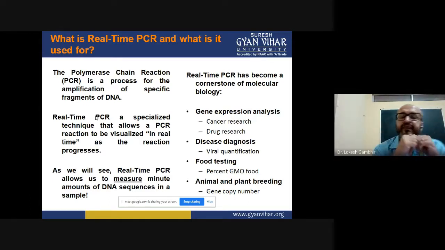We have a specialized thermocycler and we have changed the detection system. We have added the fluorescence part in this component, and that fluorescence is added in such a way that it gives us detection based on every DNA molecule being formed.